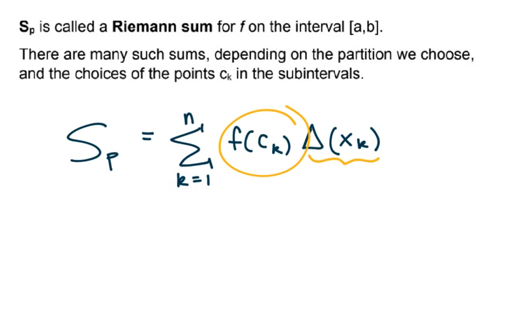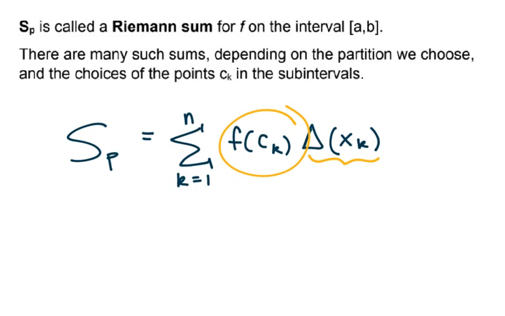We can choose as many as we want, and we can make them whatever width we want, and we can choose this c value to be at the right endpoint, left endpoint, or the midpoint of each of those intervals. And in situations where we have regularly sized intervals, we can just make them thinner. We can make as many of these little rectangles as we want by increasing the quantity of subintervals, making n larger.